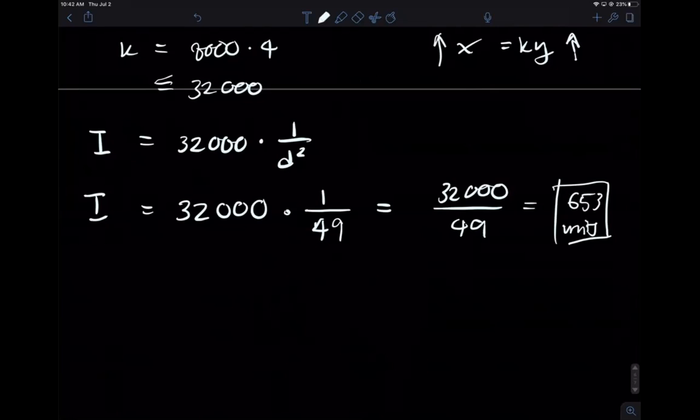So how would we write this relationship? First of all, we know V is directly proportional to T, so how would we write it? KT. Exactly, it would just be KT.